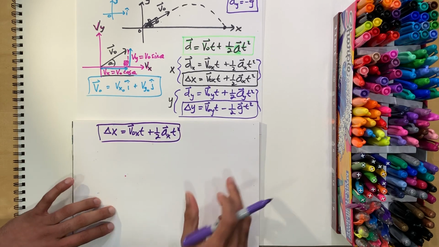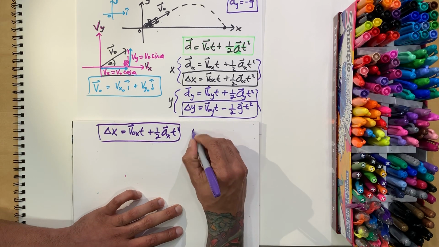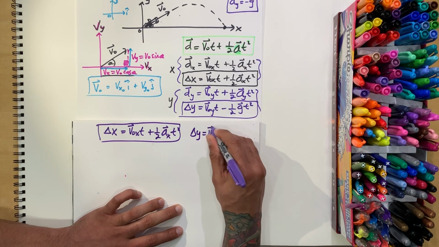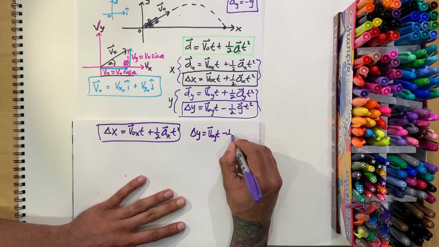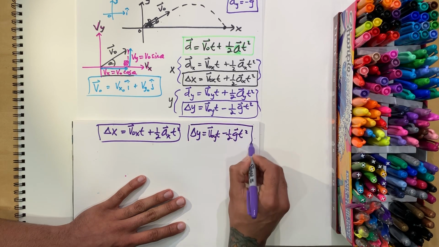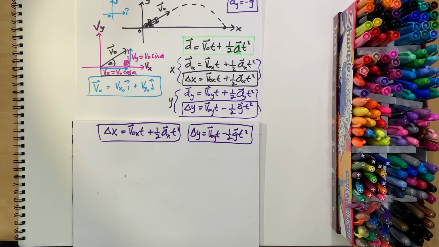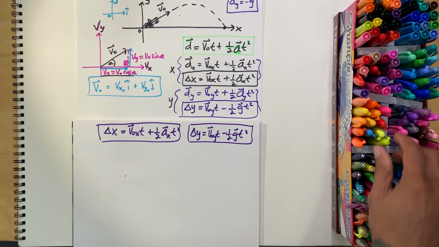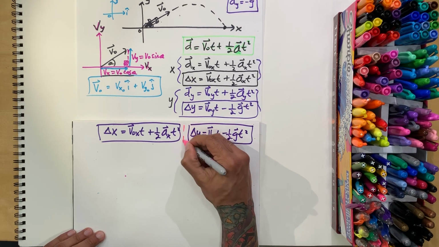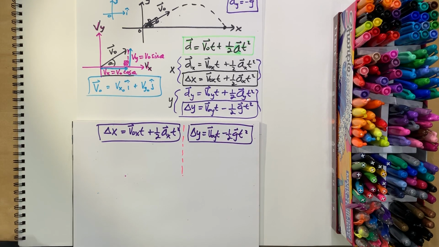Okay, and then the Y, I'm gonna write the change in Y, velocity initial in the Y times time minus 1/2 G T squared. Okay, so now I meant to kind of separate these, so stay on your side.